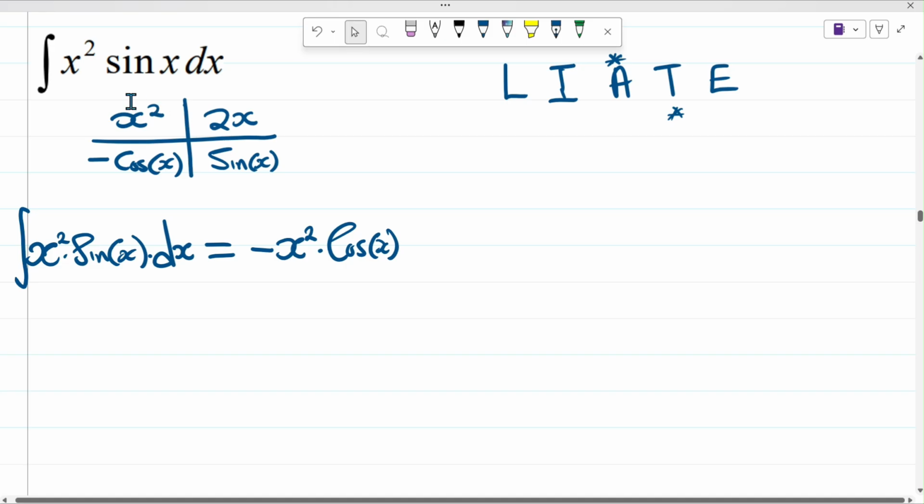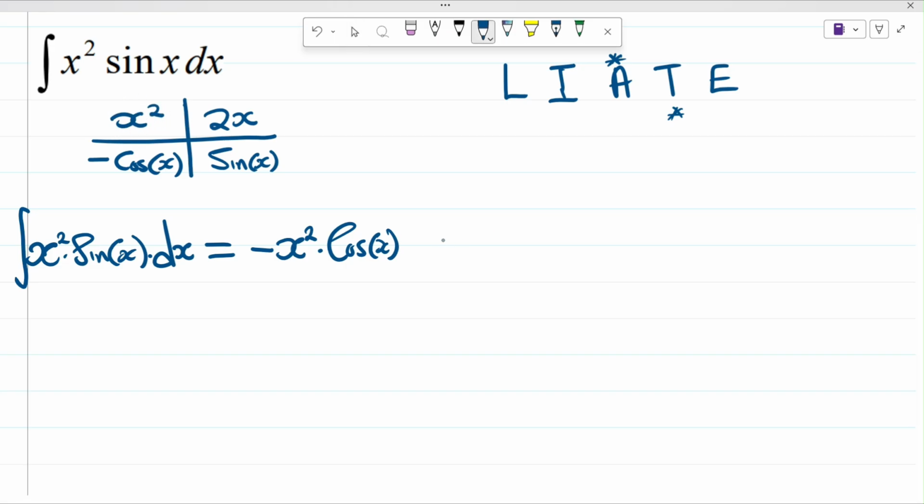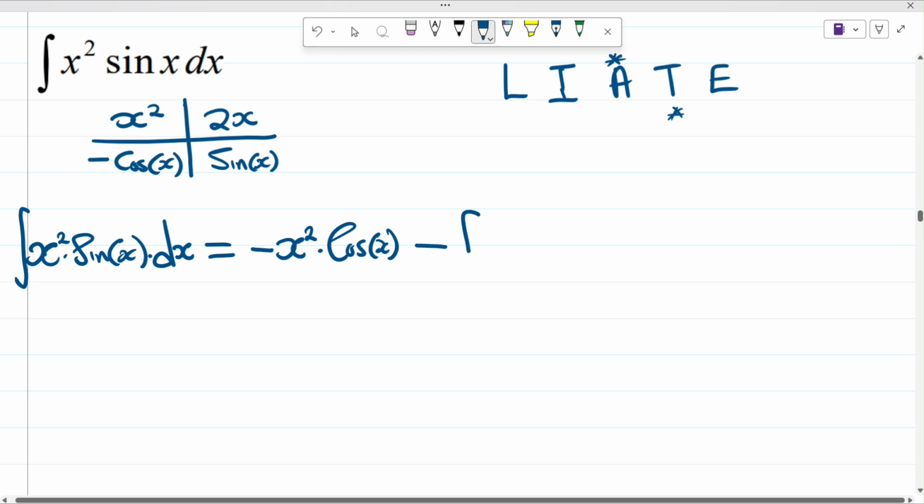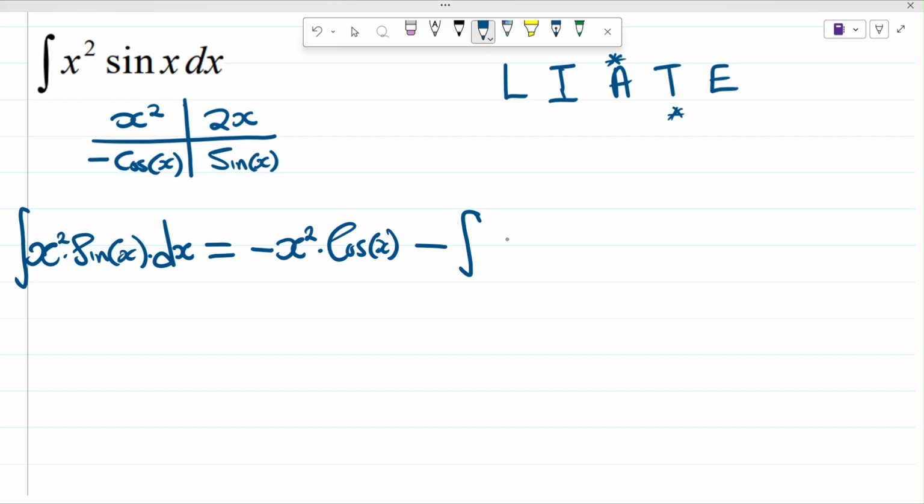It's coming from, we always multiply first by second, then multiply by third, right? The minus comes from the product rule formula, and then we copy first multiply by the third. So this is going to be negative 2x multiplied by cos of x dx, right?